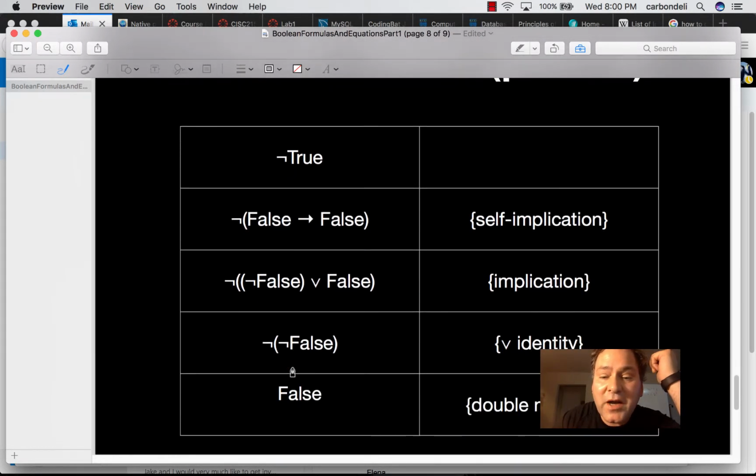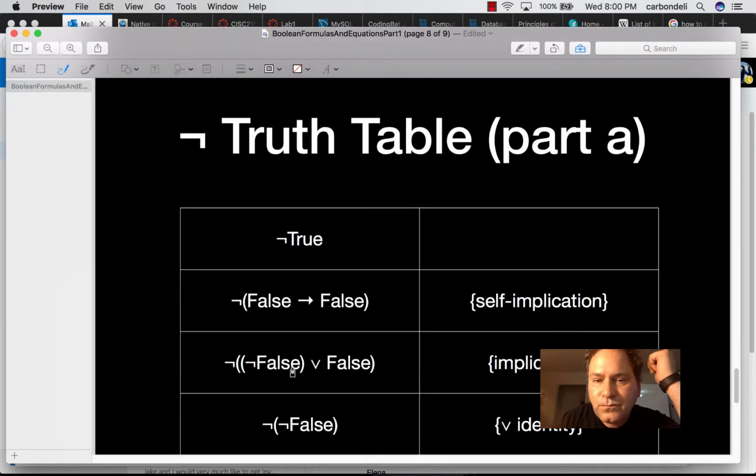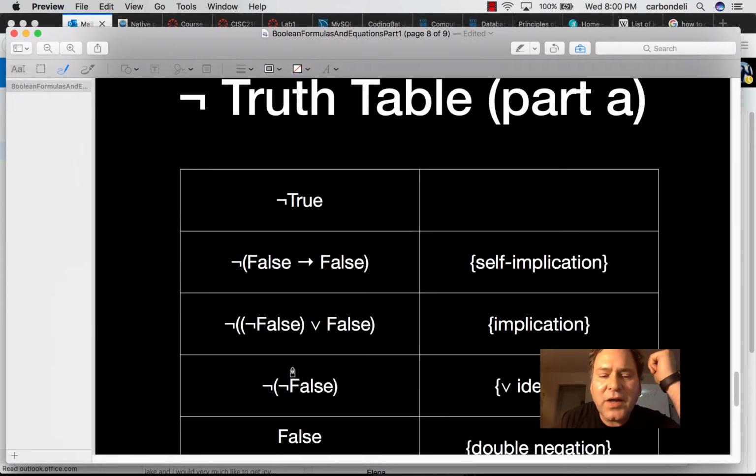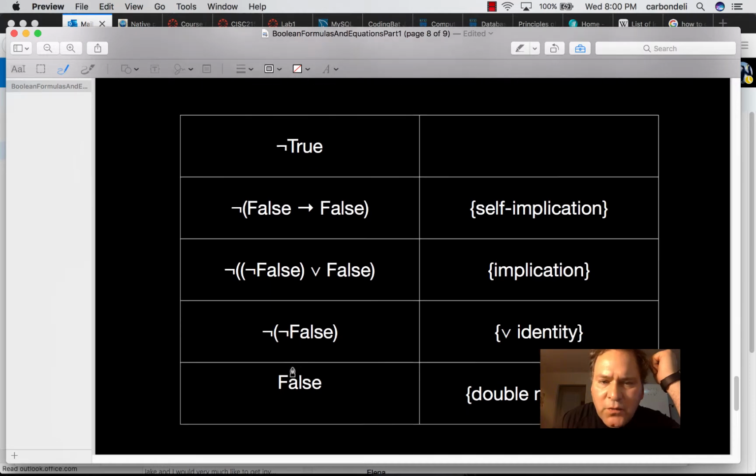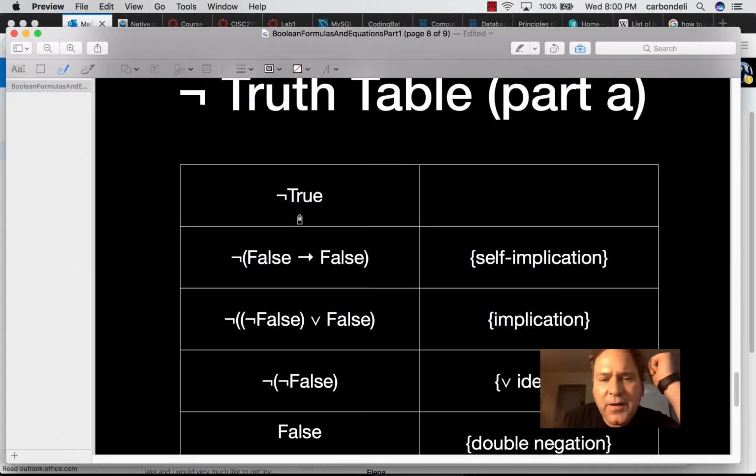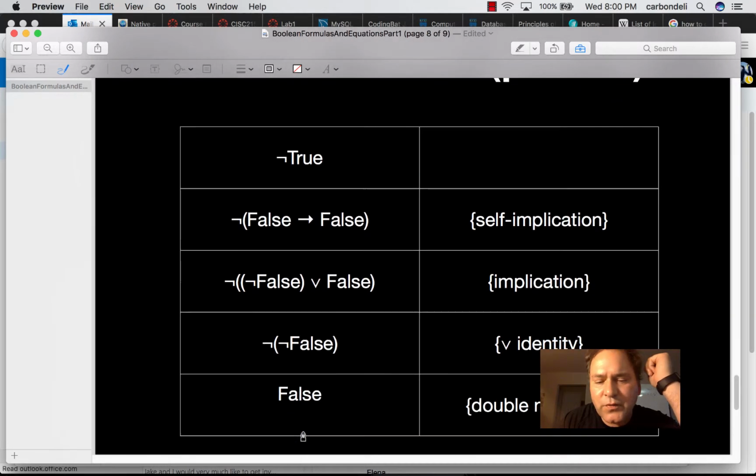And then we can also prove the way logical NOT works. So we want to prove that not true is equal to false. You can see we have not true up here at the top, and false down here at the bottom. And we're applying the axioms that we just looked at to prove that not true is equal to false. And you can see we have self-implication.